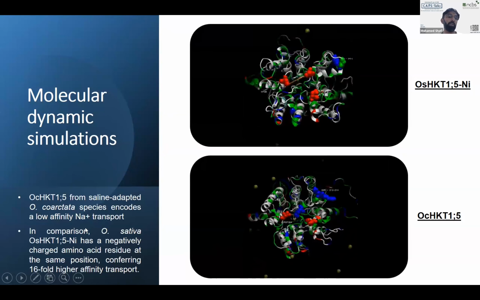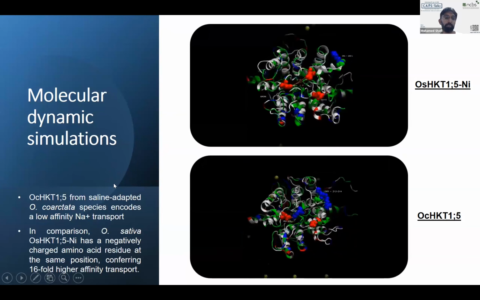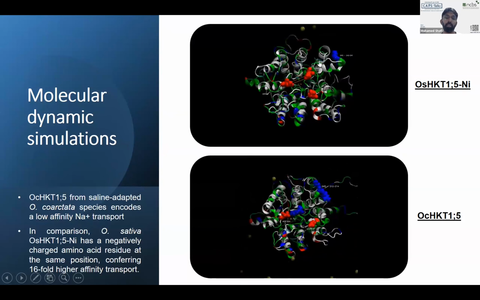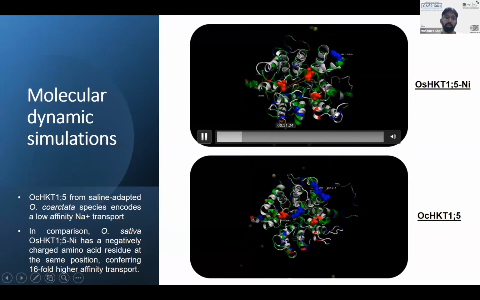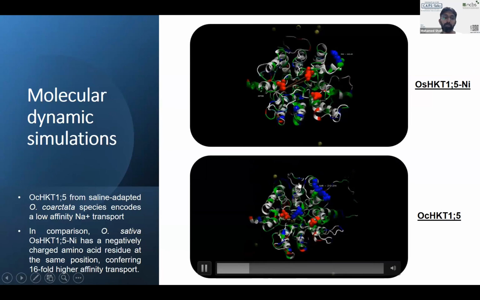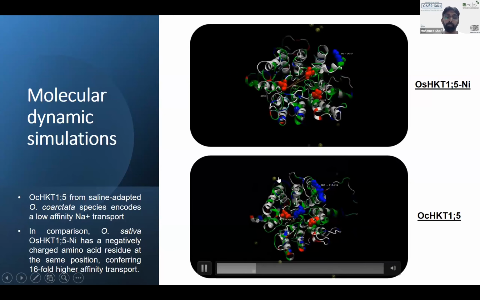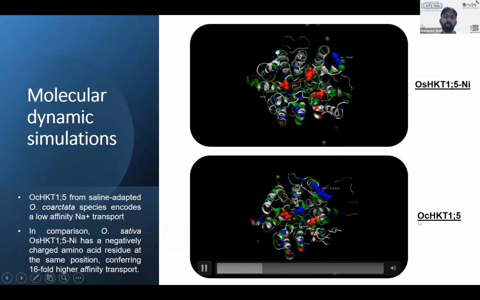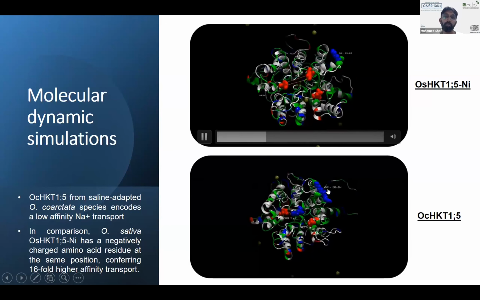And we saw that OcHKT1;5 from the saline adapted Oryza species had a lower affinity for sodium transport, compared to the Oryza sativa HKT transporter, which has a negatively charged amino acid residue at the same position as Oryza coarctata, but confers 16-fold higher affinity transport.